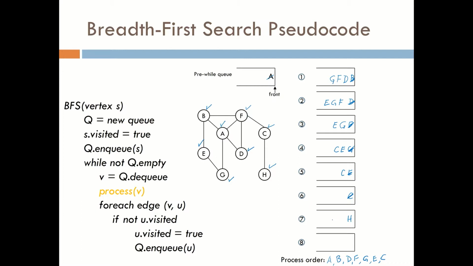We NQ it. Okay, and that's the only one. So the for loop ends, and we go back to the top, and we DQ the H.